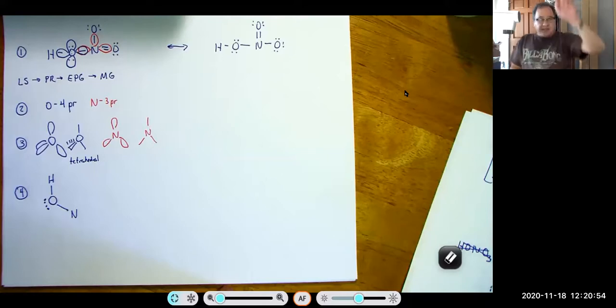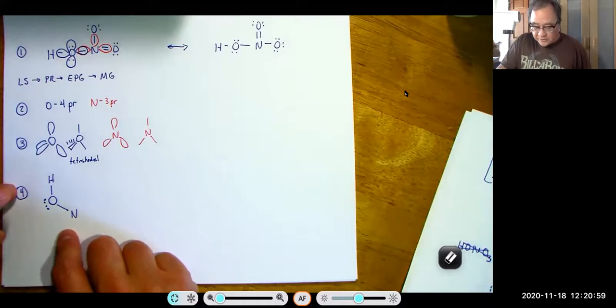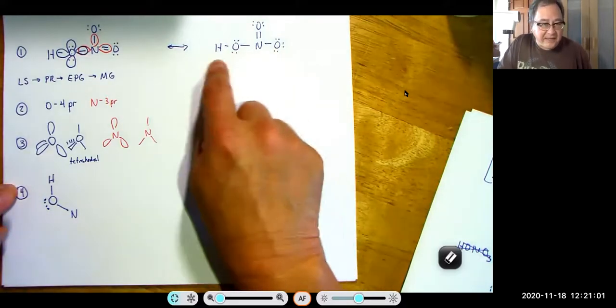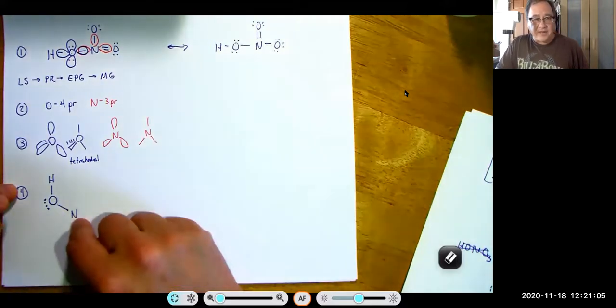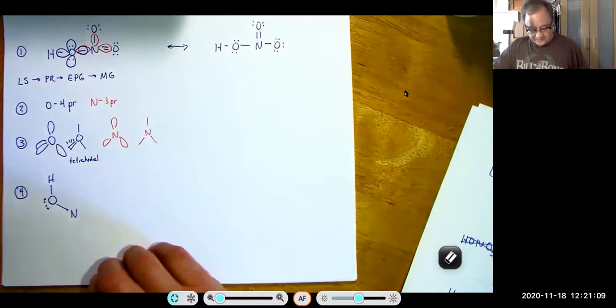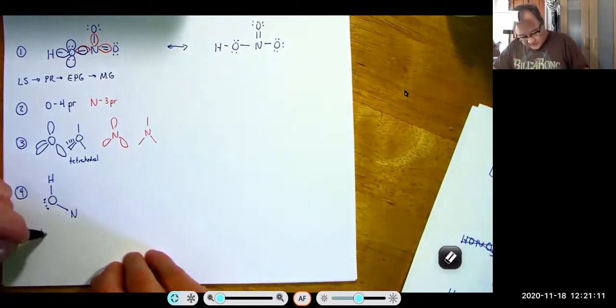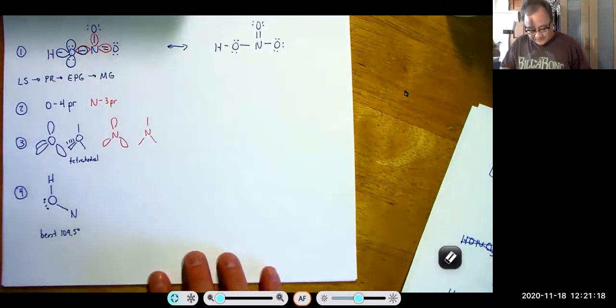We call it bent. So Harry, this is how we know when you have something drawn linearly here, that it's not really linear in the molecular geometry, because these lone pairs have an effect on the overall geometry. So this would be bent, and it's 109.5 because tetrahedral gives you 109.5 degree angles.